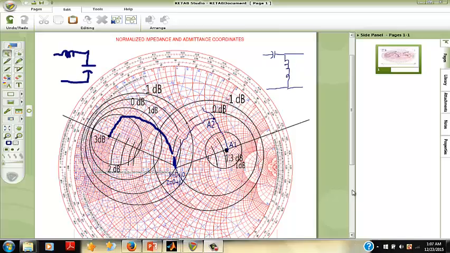To find the load impedance for maximum power gain, we subtract A2 from A1 and subtract Z from A2.